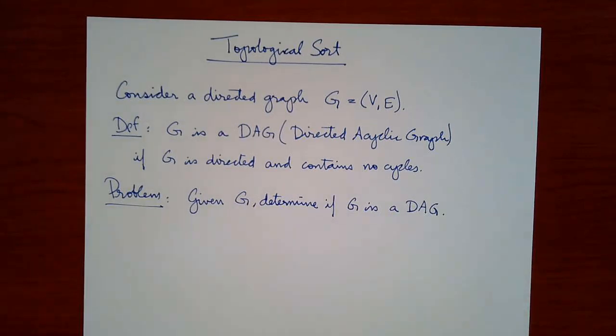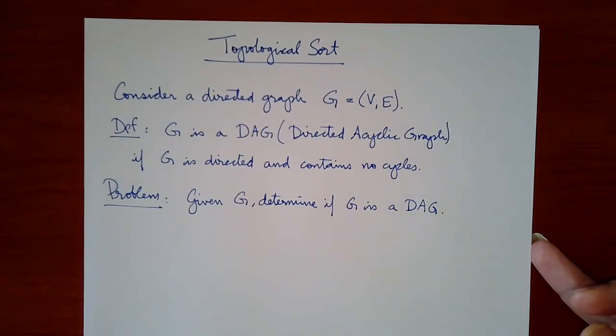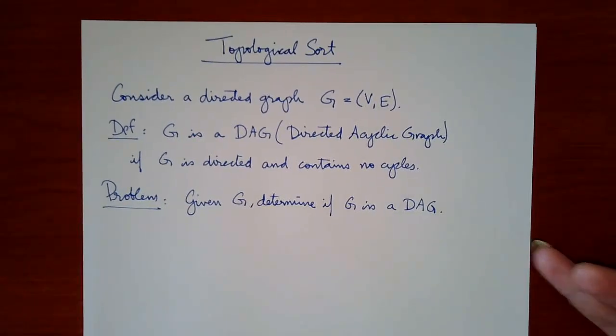Does anyone have any good examples of where you might want to do this? One very compelling example. Why would you want to determine if a graph is a DAG? It turns out your compiler, when you use a utility like make, is doing this on the dependency graph of files.